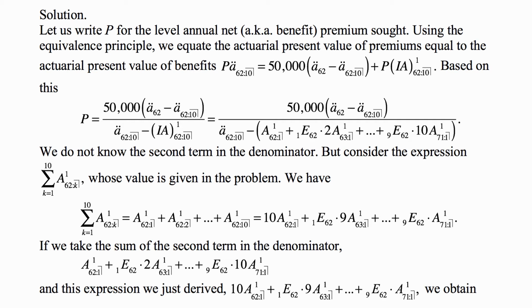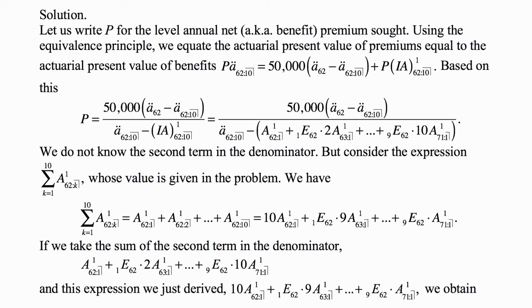And the bottom part can be written as A 62 colon angle 1 over 62 plus deferred by 1 year, 1 year term insurance of 2, plus deferred by 3 years and so on. And the last one is deferred by 9 years, insurance of 10 in the last year, so in the 10th year. We do not know the second term in the denominator. That's the problem here.